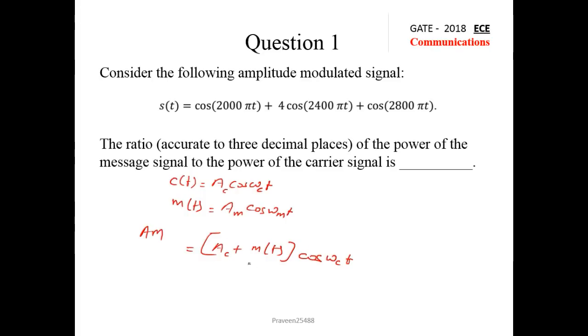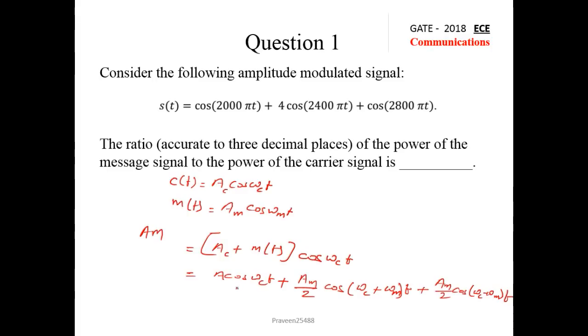So here, applying a simple trigonometric rule, if m of t is equal to AM cos omega m t, this expression we can expand as AC cos omega c t plus AM by 2 cos (omega c plus omega m) t plus AM by 2 cos (omega c minus omega m) t.